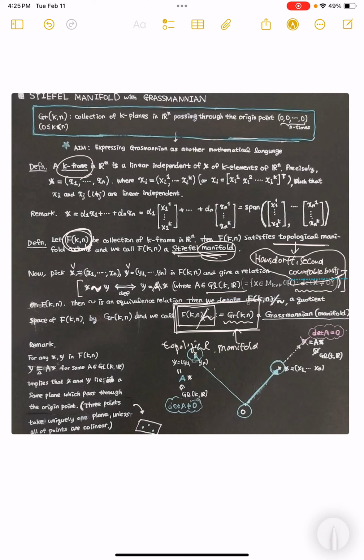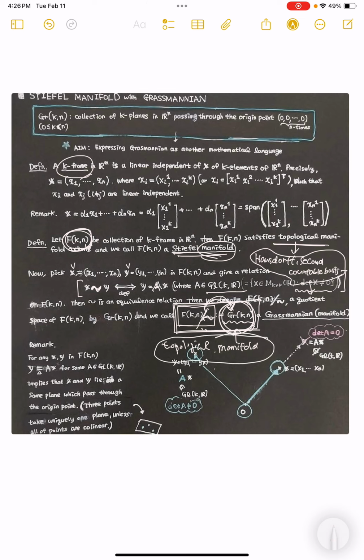And then we can add additional topological properties as you want, such as paracompact and T4 space and so on. But anyway, the quotient map preserves the topological properties. So the Grassmannian is also Hausdorff and second countable, because the quotient space preserves these topological properties.